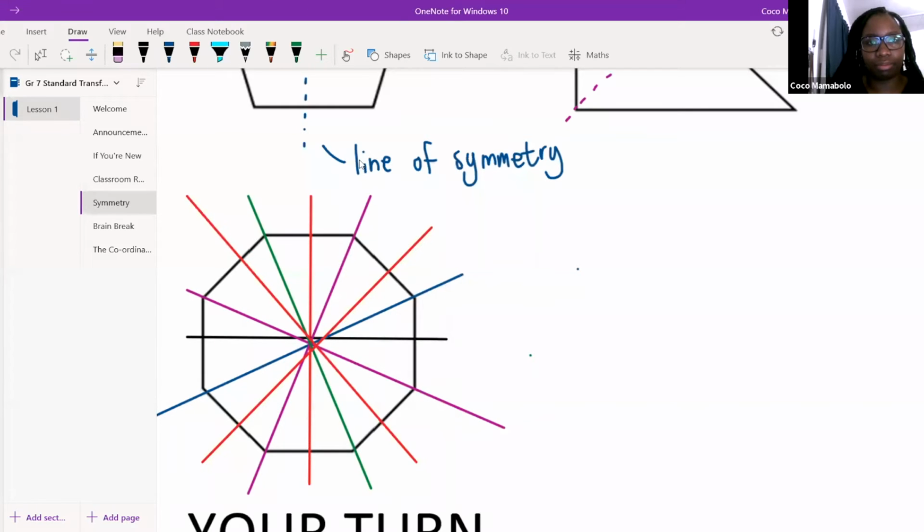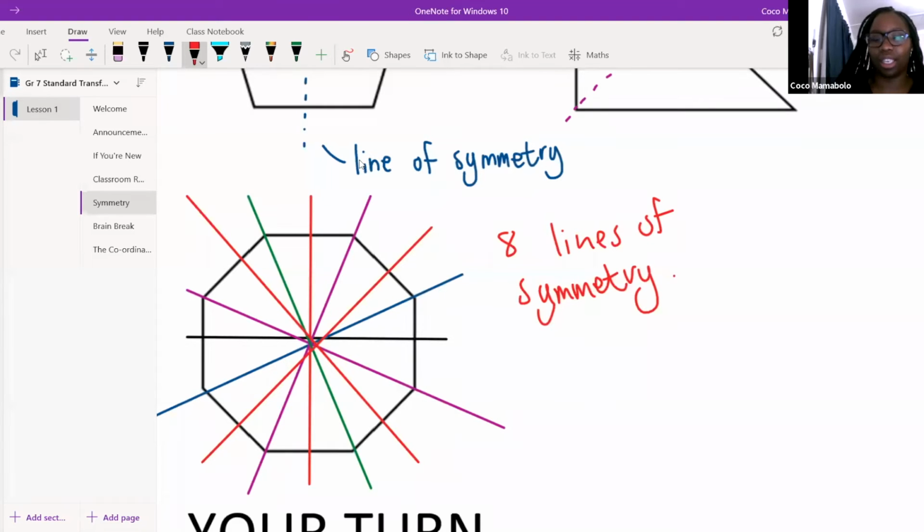There we go. All of these will break the shape up into the same shape everywhere. There are supposed to be 8 of them. So if you said 8 lines of symmetry, you are 100% on the money. And I, on the other hand, have no idea what I did, even though I literally just did this a second ago. Okay, excellent, guys.